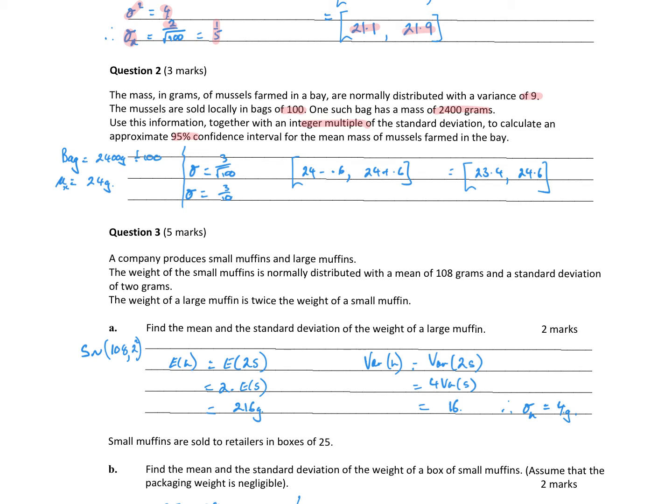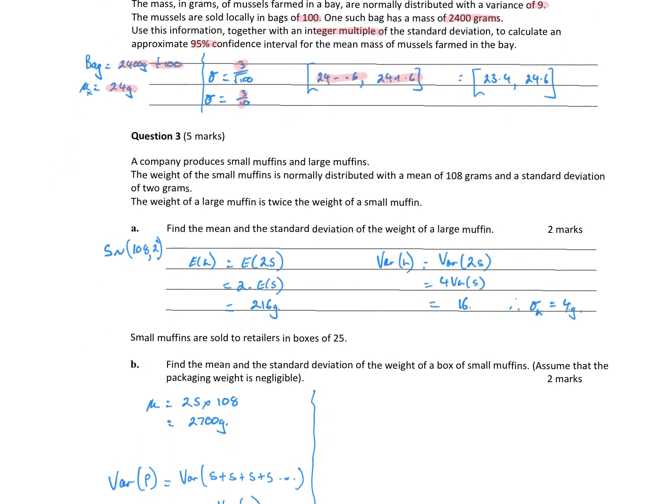Okay, so again, if the bag weighs 2,400 grams for 100 mussels, each one is about 24 grams. So the standard deviation is 3 over the square root of 100, which is 3/10. So same sort of thing: it's the mean plus or minus 2 standard deviations, which gives me my interval.